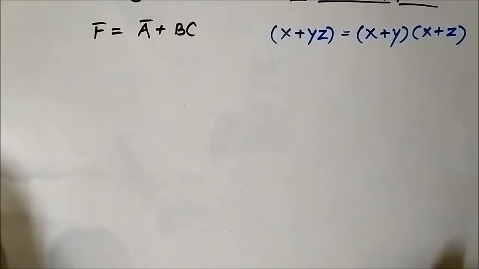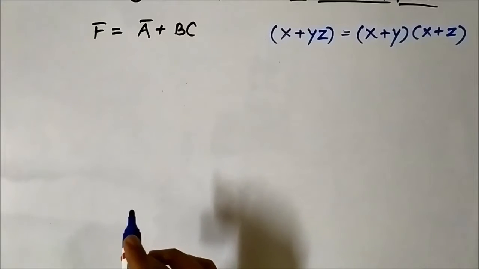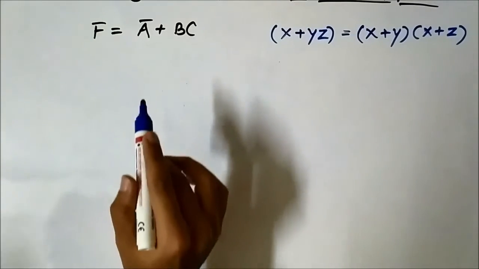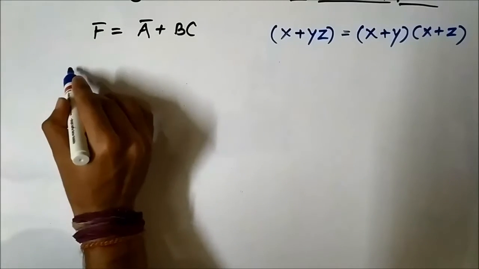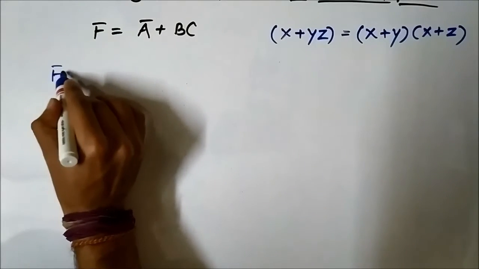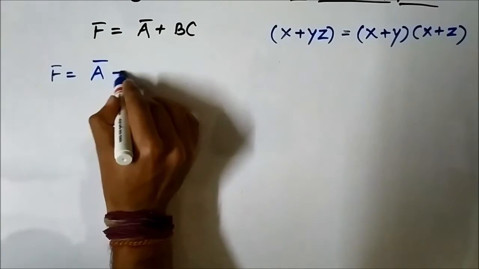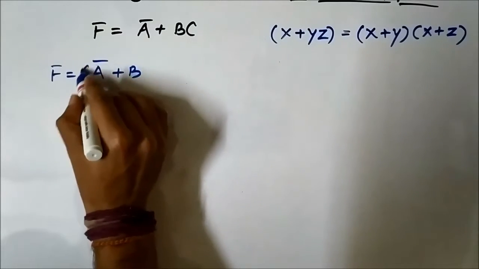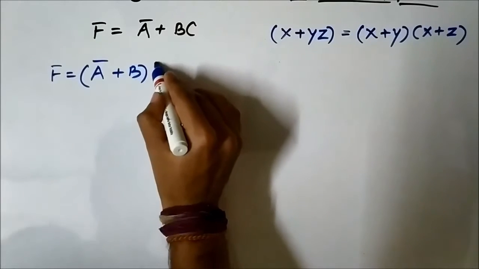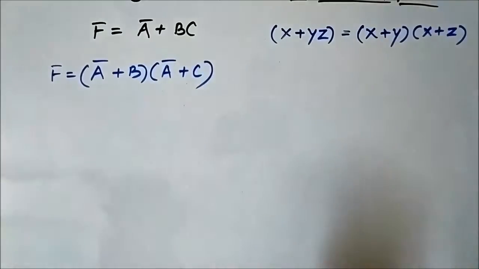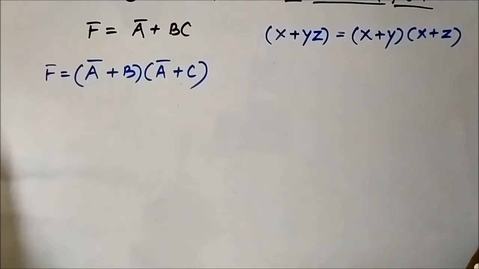So we can represent this in the same way. We can write this as equal to A bar or B and A bar or C. Now the second Boolean identity which we have to exploit.